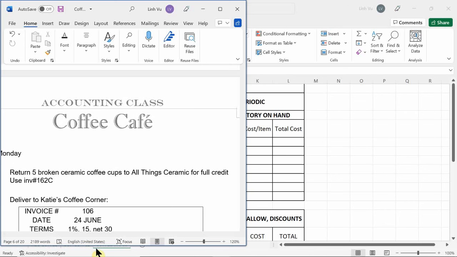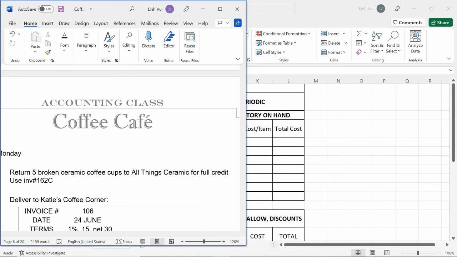So we can't sell them and we paid for them. So now we need to tell our vendor, hey, there's 5 broken in here. Okay. So they're going to issue us a refund, right? And we're going to use the invoice 162C.